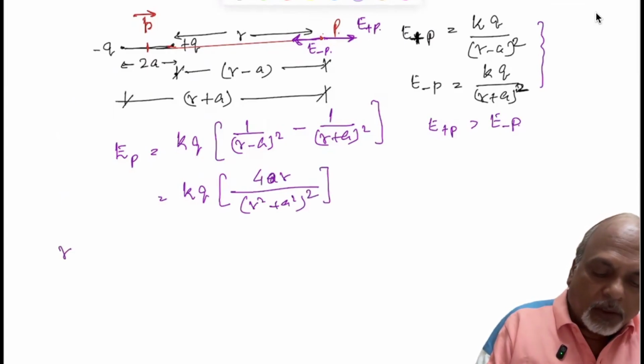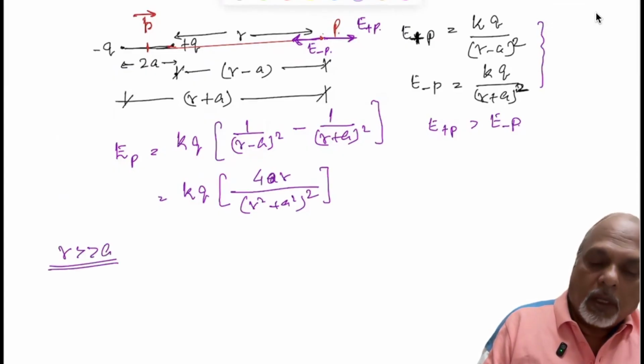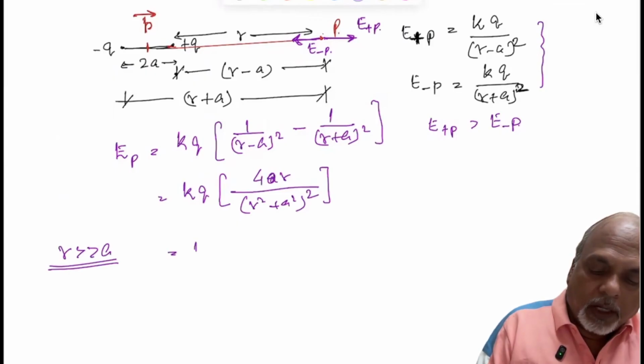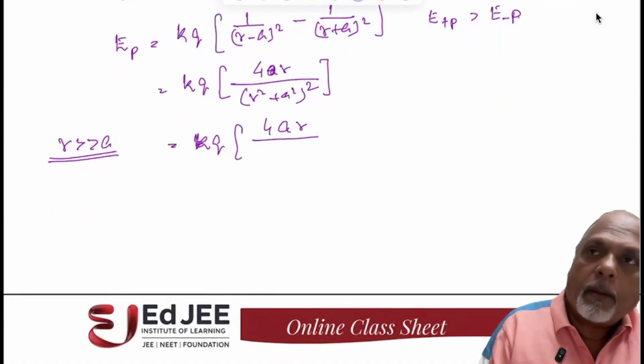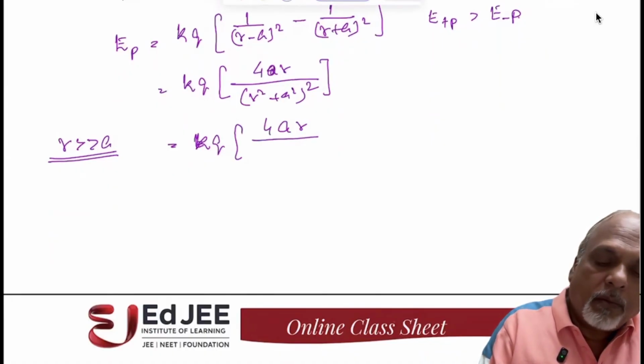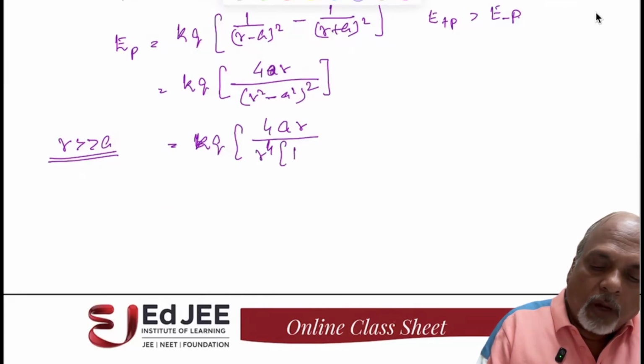Now, since r is quite larger than a, then we can write it as KQ 4ar divided by r to the power 4 into (1 minus a square upon r square) whole square.